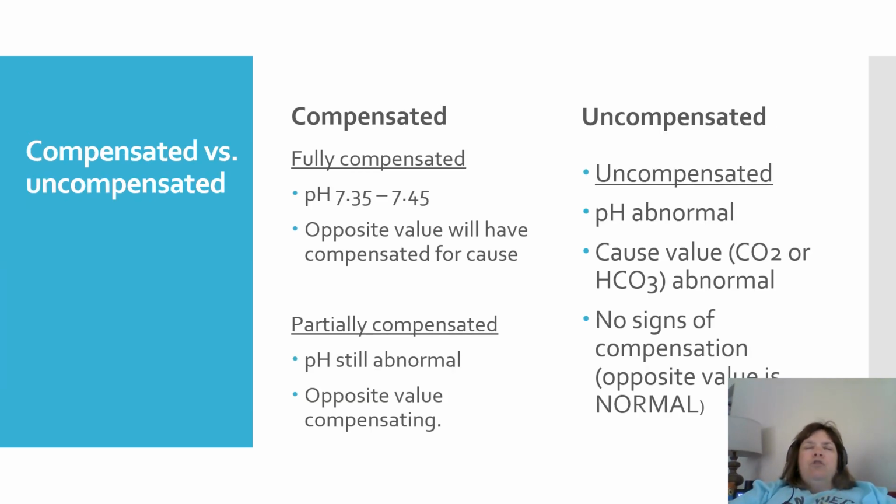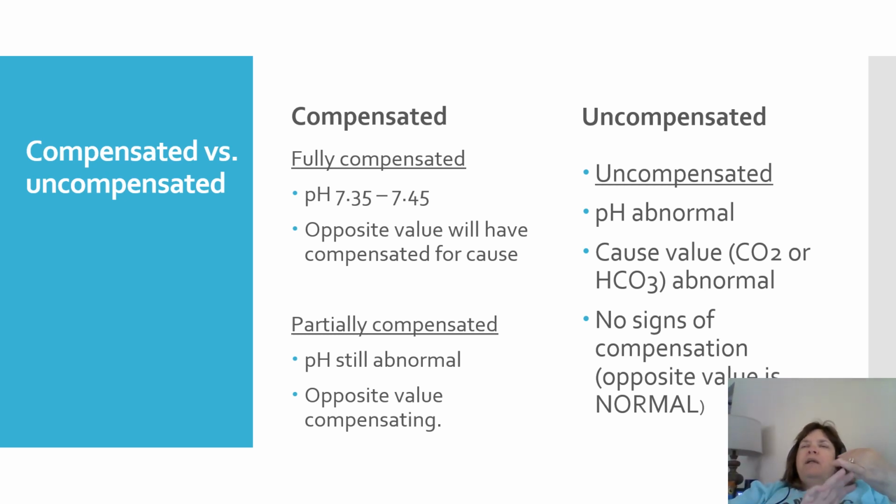I'm just going to briefly talk about compensated and uncompensated. Fully compensated means I have an absolutely normal pH. That's the only thing normal about my blood gas. The opposite value will have compensated for the cause. So if the metabolic system is my problem, my respiratory system will have adjusted, and likewise.